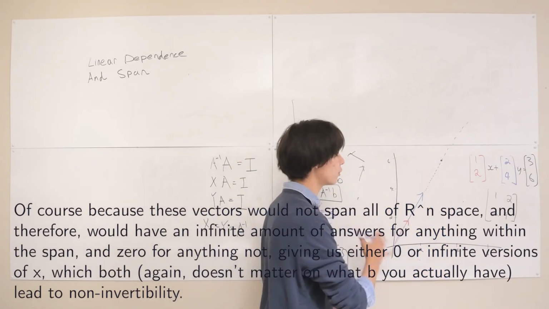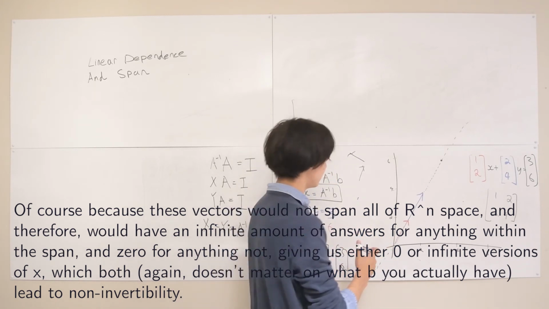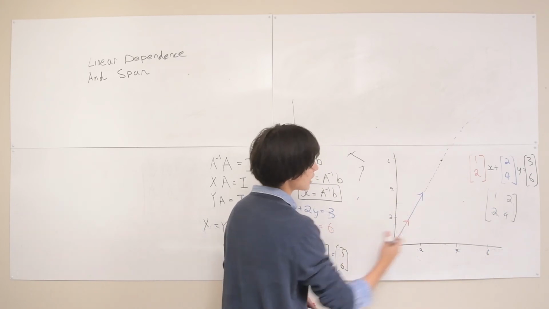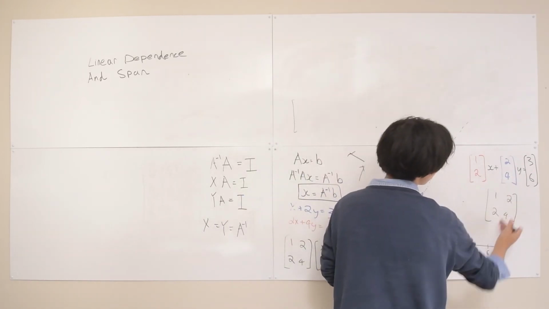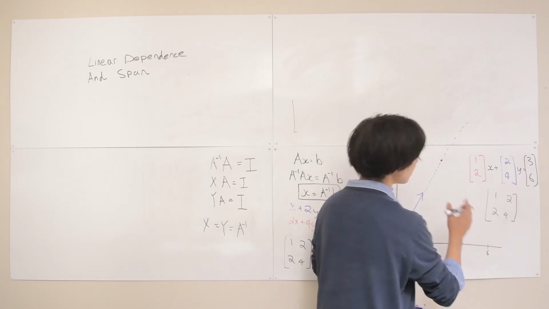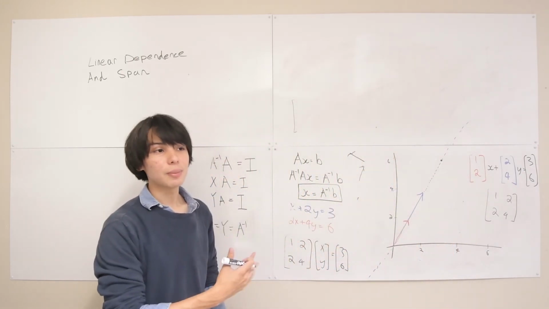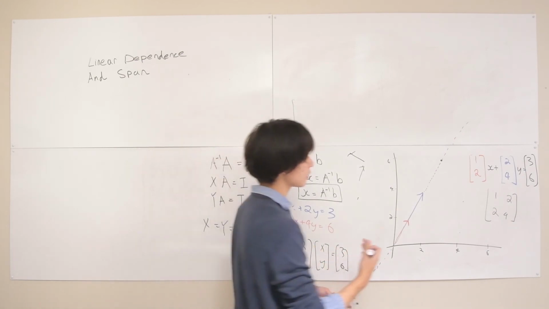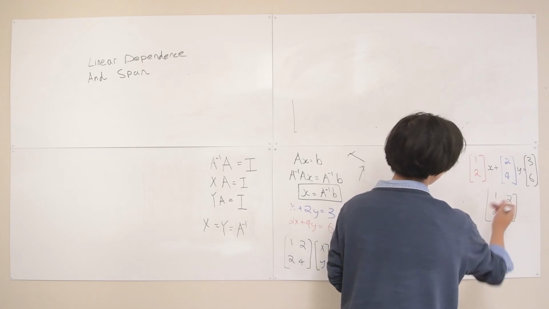As opposed to our first example, when we had the two vectors going in different directions, the second column of that matrix A was not a combination of the first. So in that case, we had a matrix that was linearly independent, or vectors that were linearly independent. But in this case, we have something that's linearly dependent. The second one is 2 times the first one.